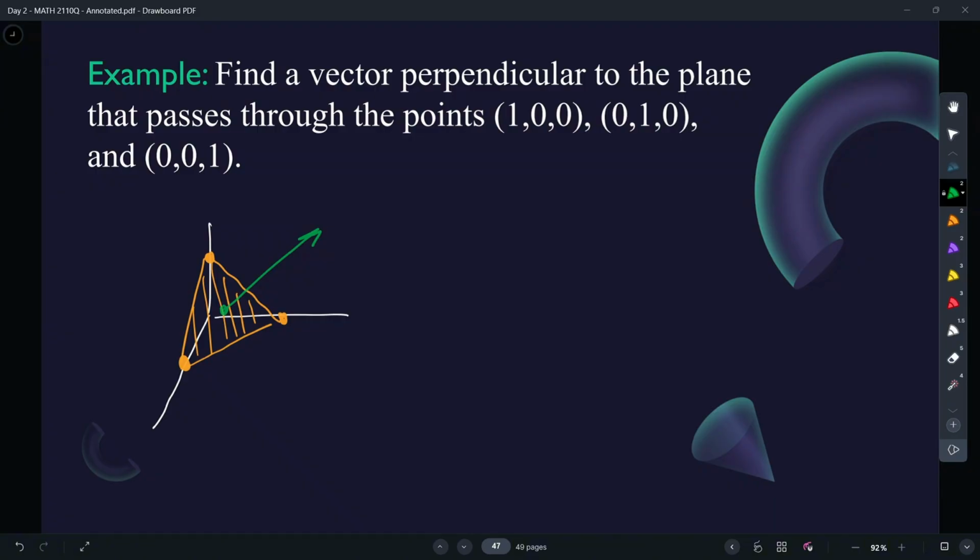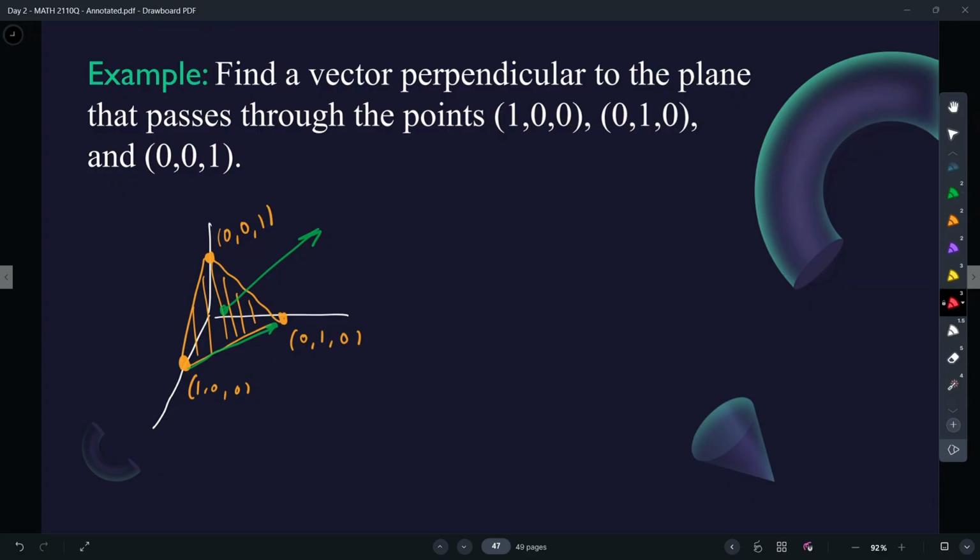And for that, what I'm going to do is compute two different vectors that are parallel to the plane. So I have here 1, 0, 0, 0, 1, 0, and 0, 0, 1. So I'm going to compute this vector, the vector from here to here.